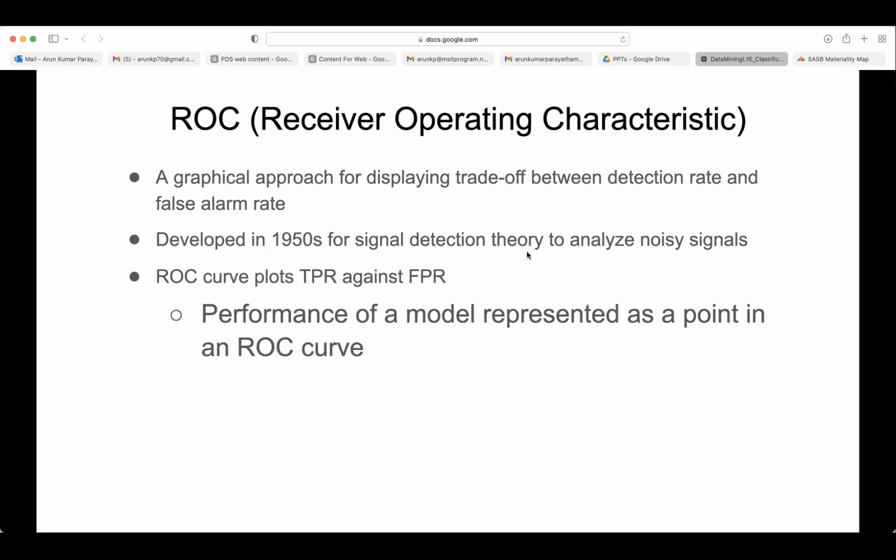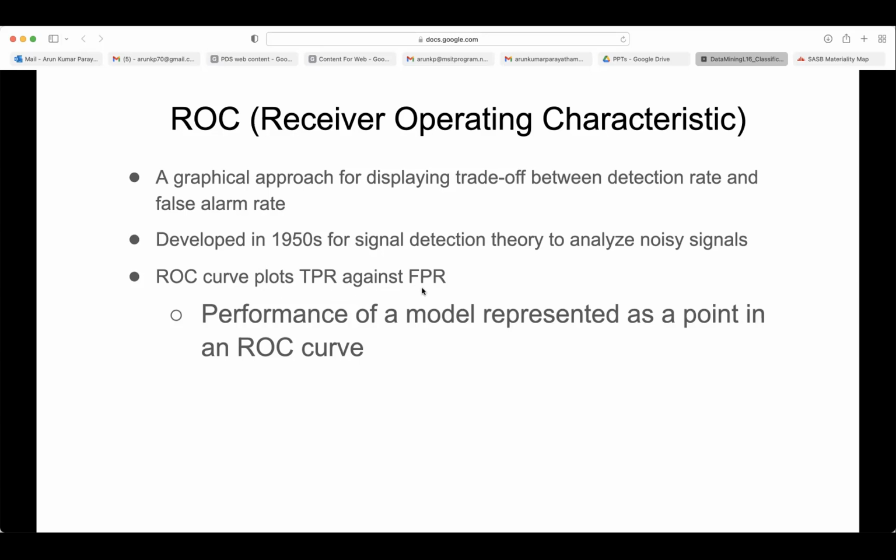Developed in the 1950s for signal detection theory to analyze noise signals. This mostly has come from electronics communication systems. For them, finding noise is important. So to find the noise signals, they developed this ROC.